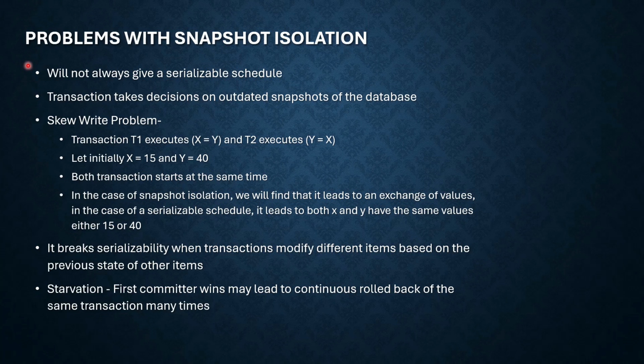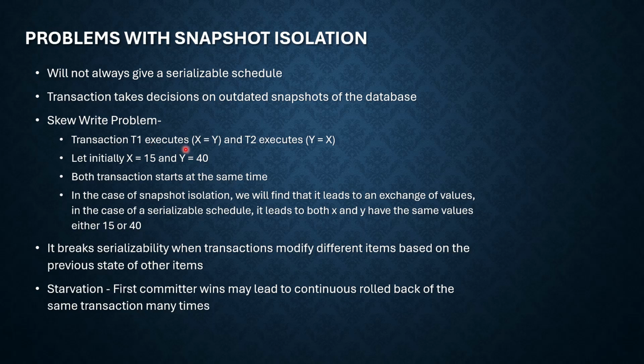Snapshot isolation will not always give a serializable schedule. Also, a transaction takes decisions on outdated snapshots of the database. I have already talked about this, and also there is the write skew problem.